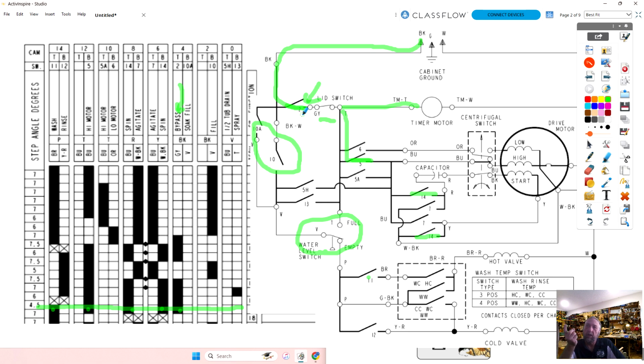Do you hear the lock mechanism on some of these washers go chunk and lock the door? That is a solenoid or motor driven lock mechanism. I know some of the older GE front loads actually had two solenoids in the lock mechanism, and one pulled up and locked it, and the other one pulled down and unlocked it.